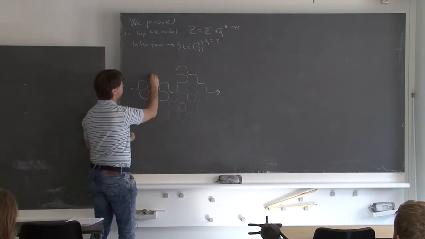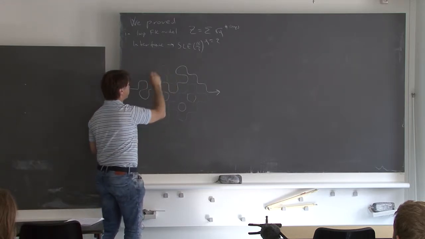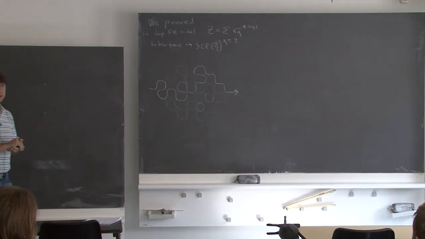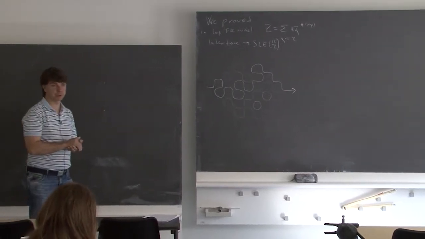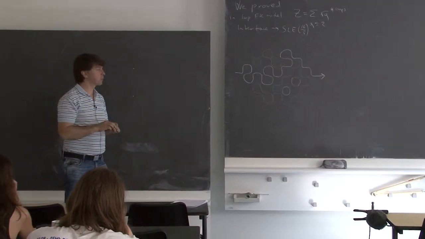So what one can show, which is not quite written yet, is that this whole soup of loops converges to CLE with parameter 16/3. I think Wendelin briefly spoke about what is CLE, the collection of loops, each of which is an individual CLE.